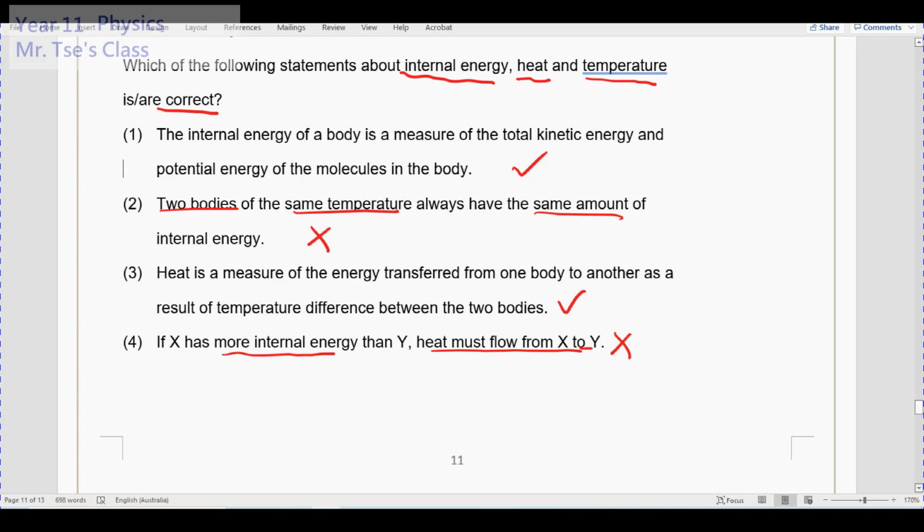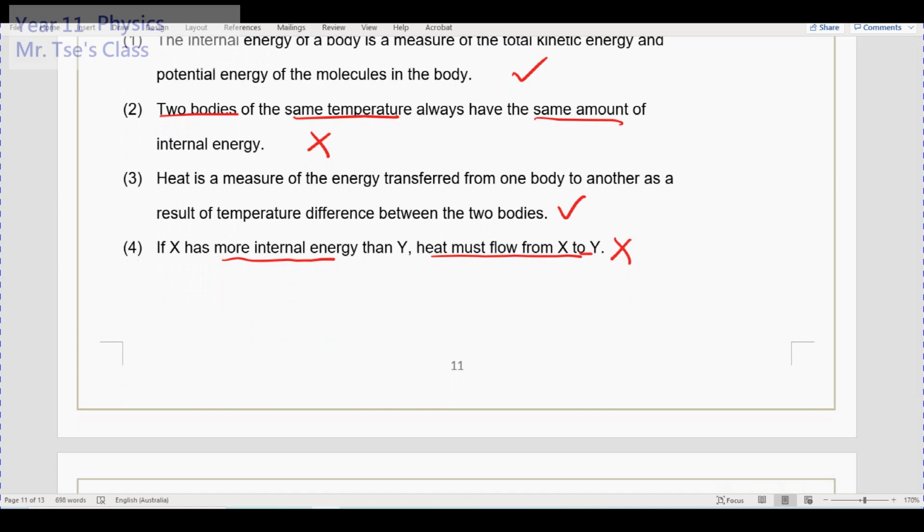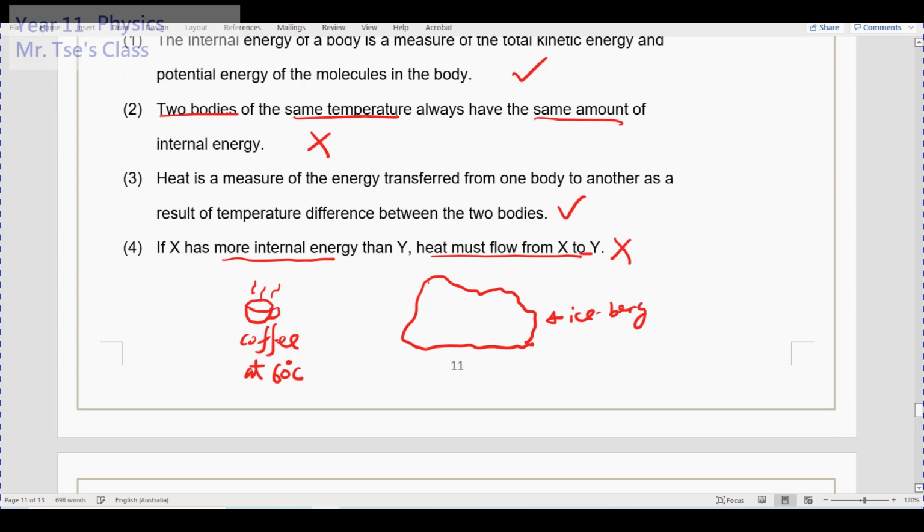I'll give you one simple example. If I have a cup of coffee at like 60 degrees, so it's quite hot, and then I have an iceberg.